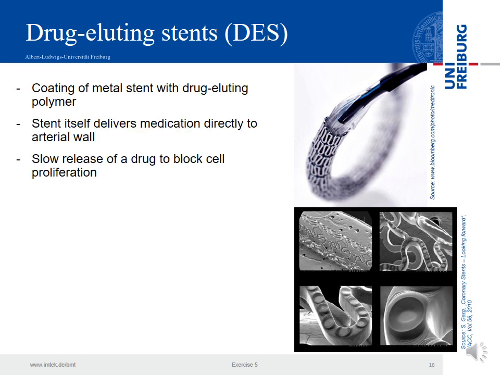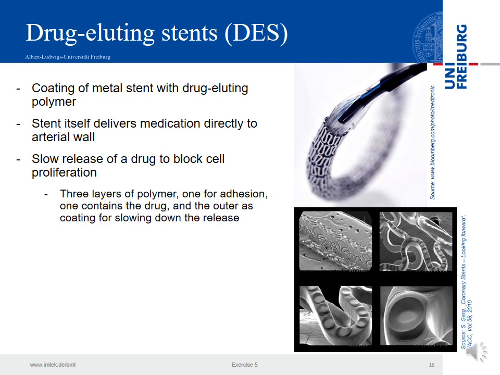Question is how to make that work. We need a slow release of the drug to block cell proliferation. If it goes too fast, it's just gone. And therefore we have 3 layers of polymers. One is for adhesion, so that the polymer does not flake off the metal. One contains the drug, and then we have a kind of coating of the coating to slow down the release.